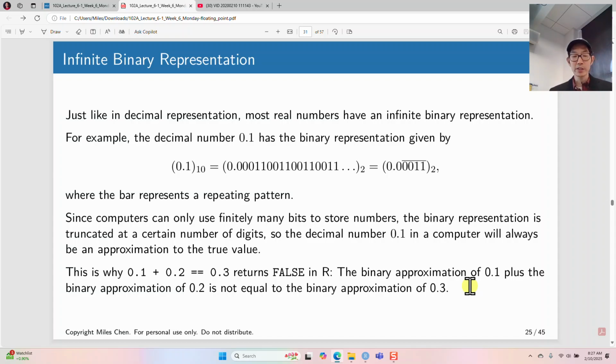Similarly, if I did on the calculator 1/3 plus 1/3, I would get 0.6666666. Yet if I did 2 divided by 3, I would get 0.6666667. Is 1/3 plus 1/3 equal to 2/3? On your regular decimal calculator, they're not equal to each other. And basically the same kind of problem is happening here.